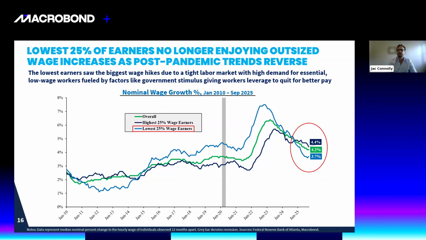This resulted in outsized wage gains for the lowest 25% of earners. But starting in October of last year, those post-pandemic trends have essentially reversed, where now the wage growth of the highest 25% of earners is growing significantly more than that of their lowest 25% counterparts.